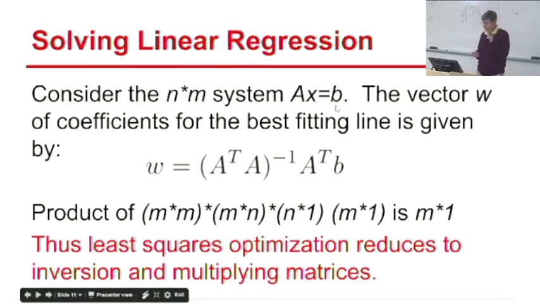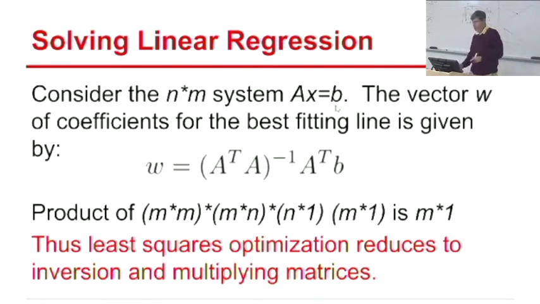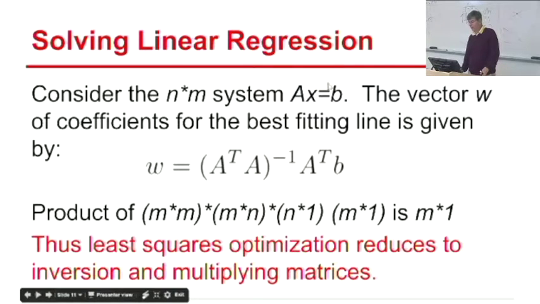Okay, so maybe I've got this a little bit confused. We assume that our y values here are given by the vector B. The x values are given by the matrix A. This is a collection of rows. Each row corresponds to a point. Each column represents a variable on that. Actually, what I should do is replace the x by w.